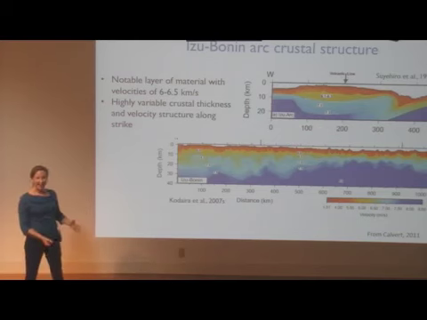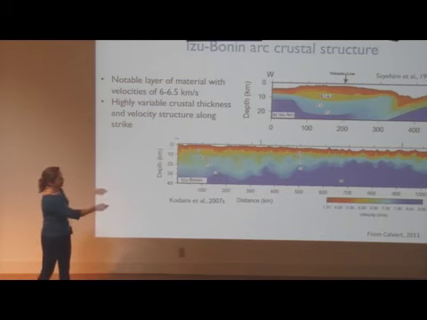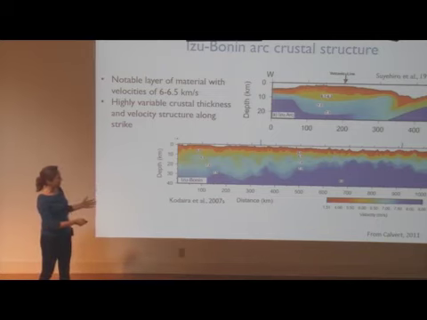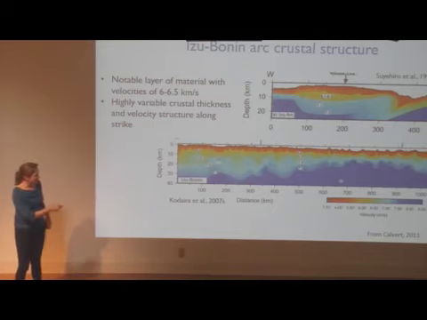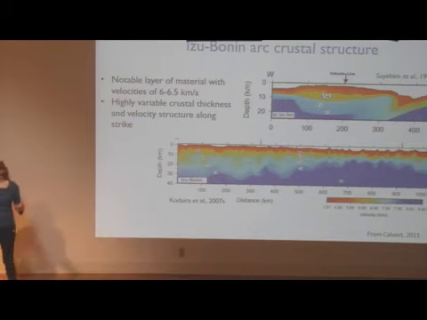But the amazing thing they have, and this is the only place in the world we have this, is this along strike profile. And here, you have instruments that were spaced at like 5 kilometers. This is stunning. And the amazing thing that they saw in this image were these big variations in crustal thickness, and variations also in the velocities within the crust. And because of the amazing density of data they have here, these are things that are really pretty well resolved.